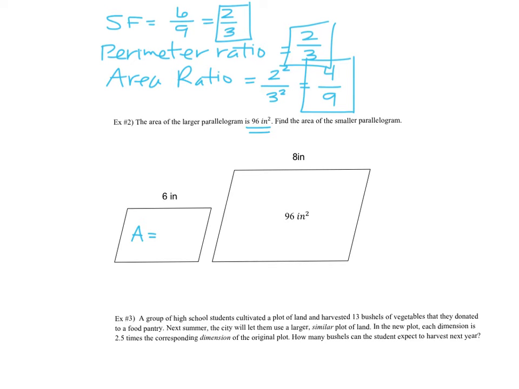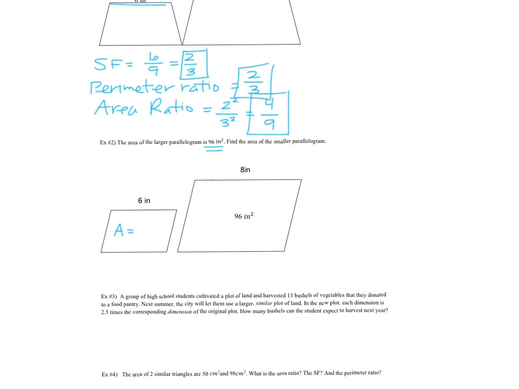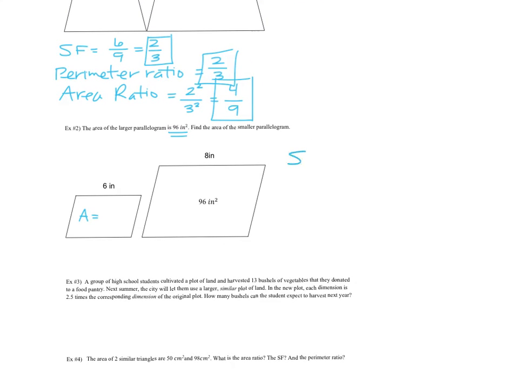So where do we start with this? We have to find the scale factor. What is the scale factor on this problem? 6 to 8, which is 3 to 4. You have to reduce that. So you have a scale factor of 3 to 4. We're looking for area. Do I need the perimeter ratio? No, we're not talking perimeter, so don't worry about the perimeter ratio, okay?